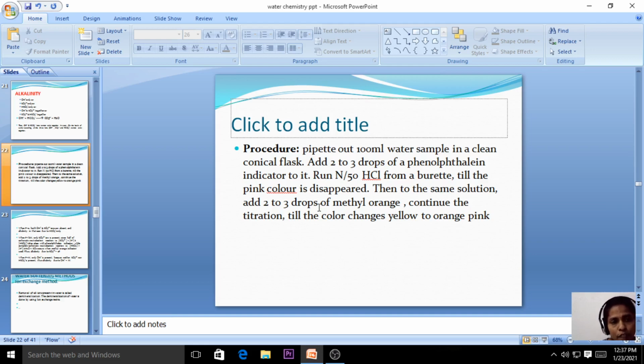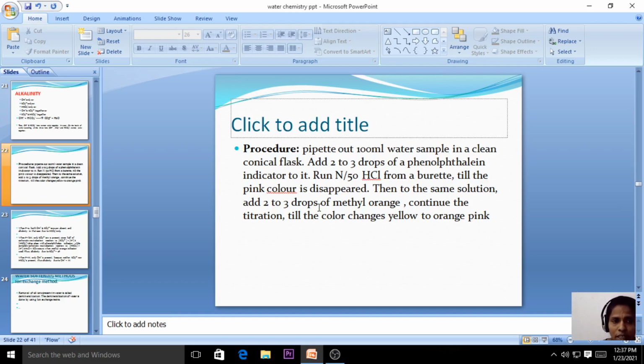That means first by using phenolphthalein, we can identify the endpoint for half carbonate. For full carbonate, what can we do? We can multiply the endpoint by 2, then we can get the carbonate endpoint. After identifying carbonate, we can use methyl orange. By using methyl orange, we can identify the remaining half carbonate and the full bicarbonate.